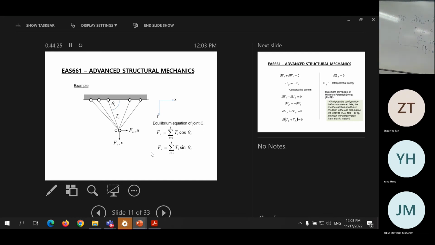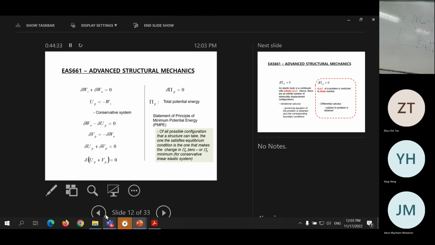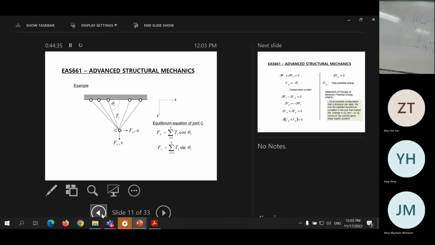We don't want to do this here. We do this by applying the principle of virtual displacement. That is the one that we want to use. We want to derive this to show the application of the principle of virtual displacement to get these two equations.